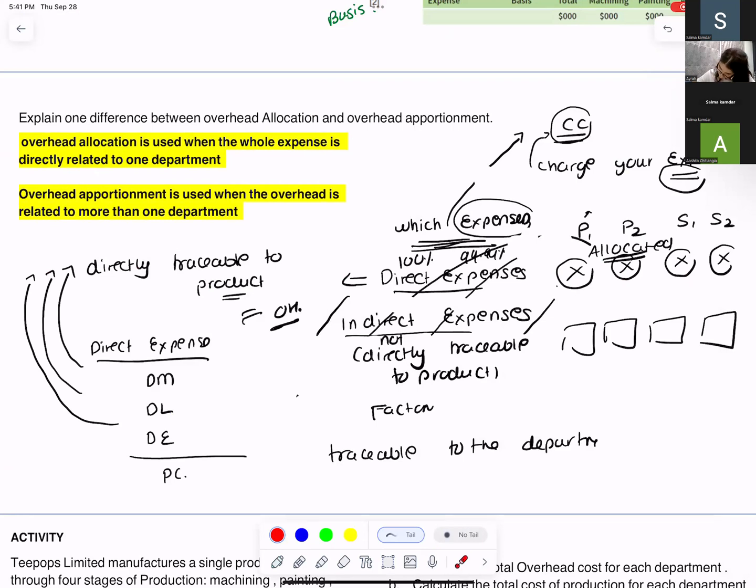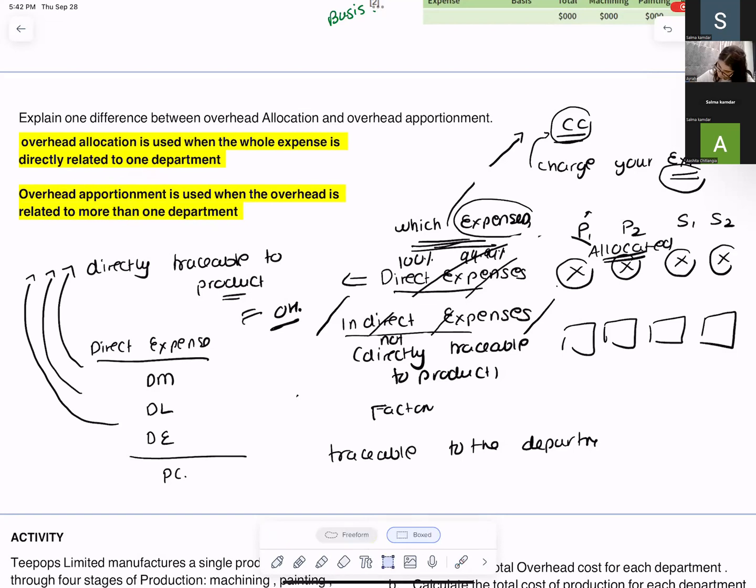When the item of expense is not directly traceable, you have to further divide it, further distribute it, and see the additional information. So the expenditure is for more than one department. In that case, what you will do is apportionment.